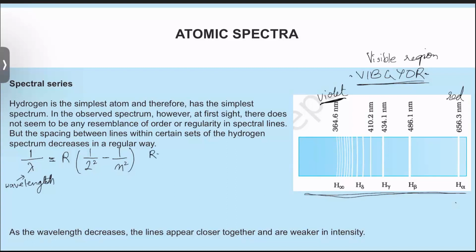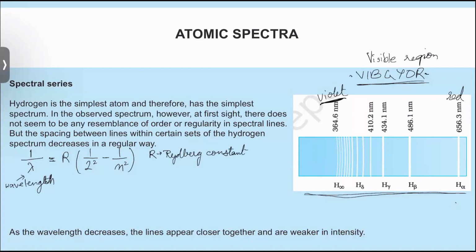R is called the Rydberg constant, and its value is usually 1.097 into 10 raised to 7 per meter. And n can have integral values like 3, 4, 5, etc.